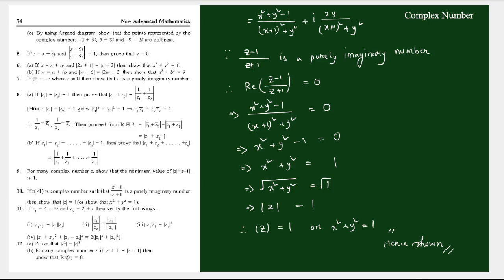For any complex number z, if modulus of z plus 1 equal to modulus of z minus 1, then show that the real part is 0. So we have already done the reverse: the real part is 0, that means z plus 1 and z minus 1, their modulus is equal, you can write down.